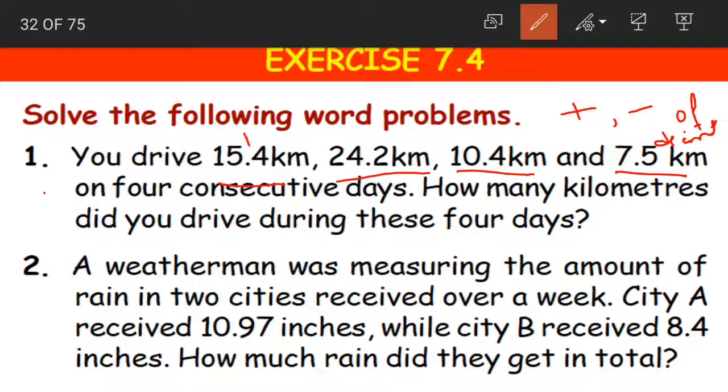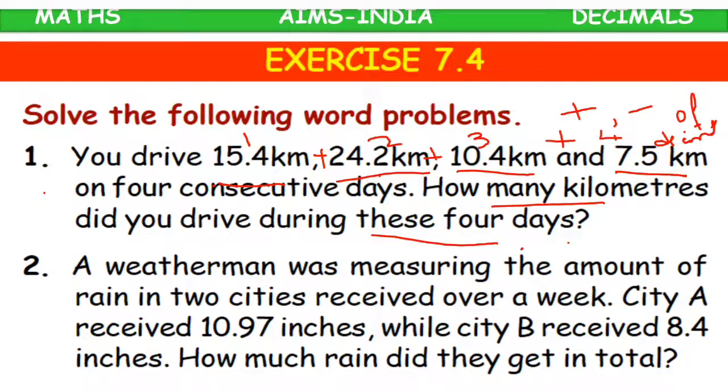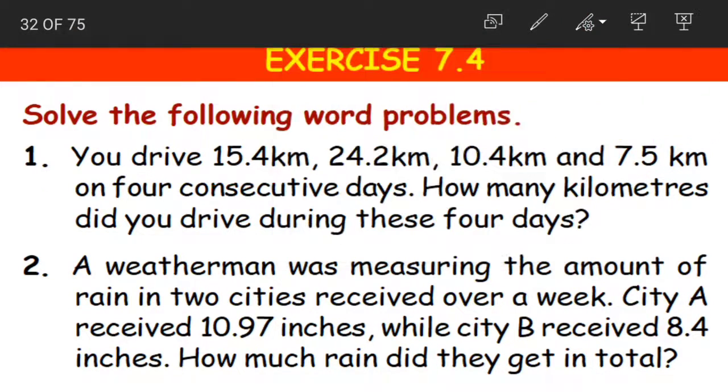See, on the first day, second day, third day and fourth day. So these are the distances that you have covered on each day. What should we find out now? Total, how many kilometers did he drive for these 4 days? Total means we have to add. Yes children, when we add all these together, we will get our answer.